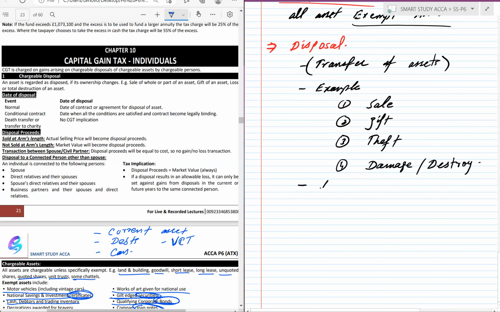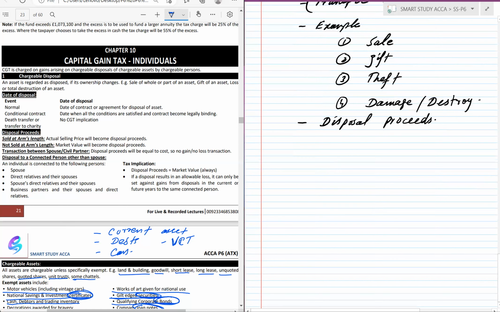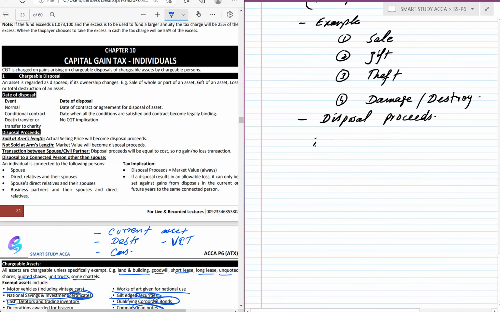Now, the important thing over here is disposal proceeds. What are the disposal proceeds in each case? In case of sale, sale means sale at market value. If we have sold an asset at or above the market value, no issue at all. Disposal proceeds will be equal to your normal selling price.